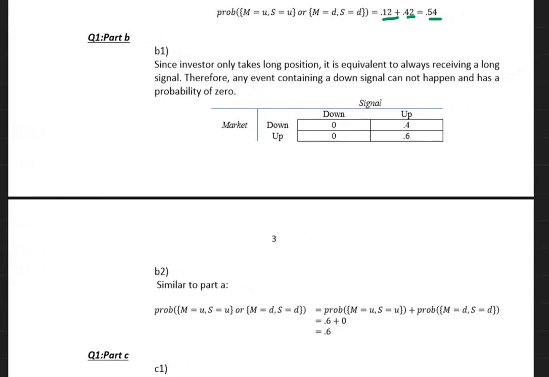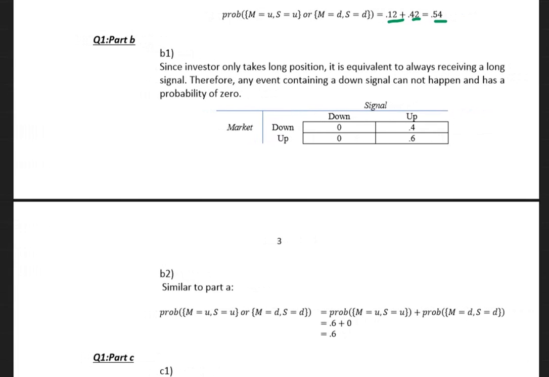Well, going to the solution manual. The logic to solve this part is exactly the same as the logic of the previous part, part A, with this difference that the probability we receive a down signal is 0.